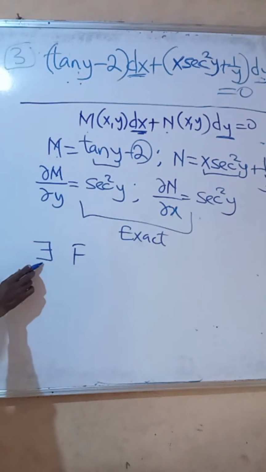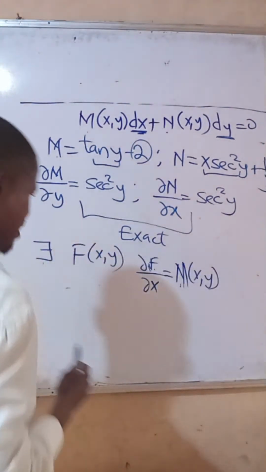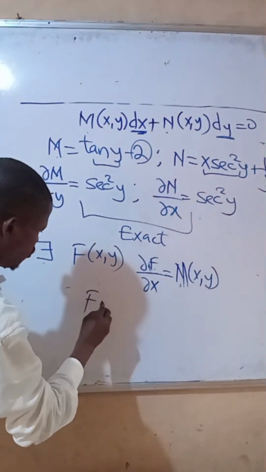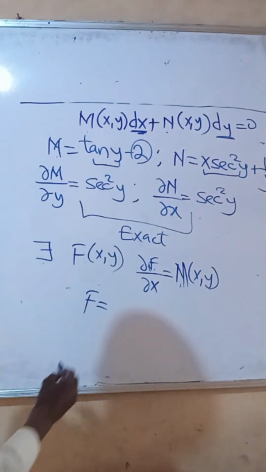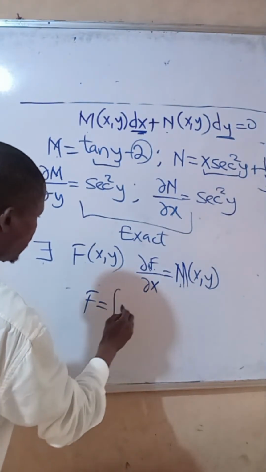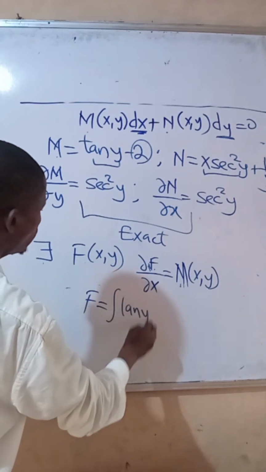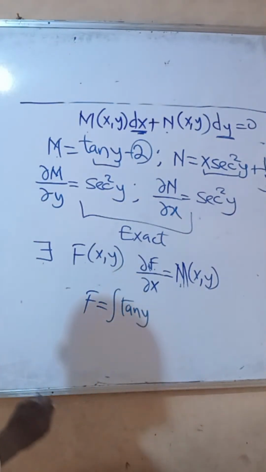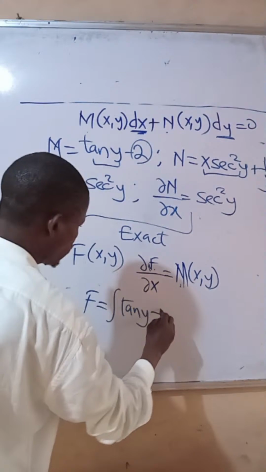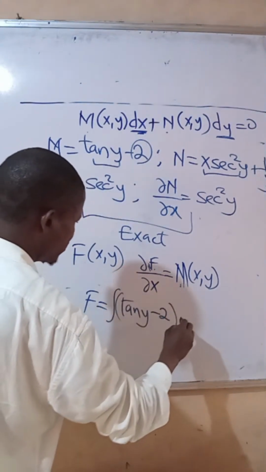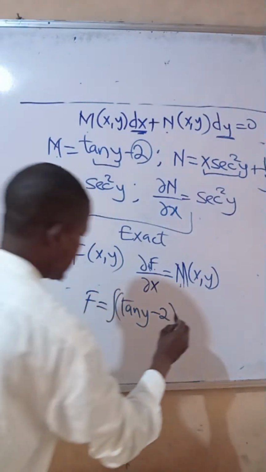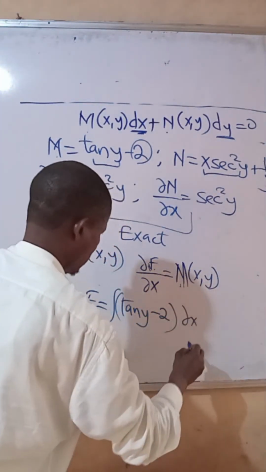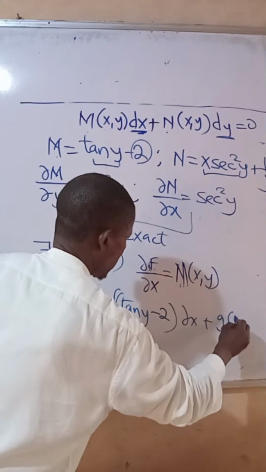This symbol means there is a function f such that f will be equal to integral of M. My M is integral of tan y minus 2 del x plus g of y.